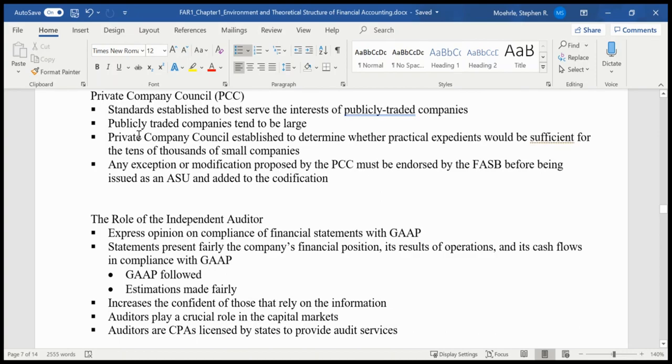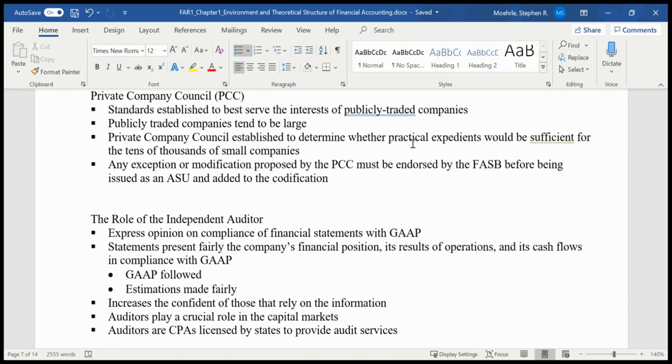The Private Company Council is established to determine whether practical expedients can be sufficient for the tens of thousands of small companies. Any exception or modification proposed by the Private Company Council must be endorsed by the Financial Accounting Standards Board before being issued as an accounting standards update and added to the codification.